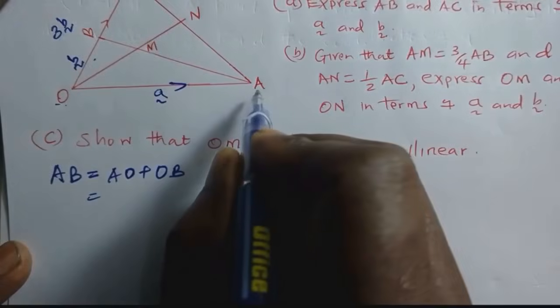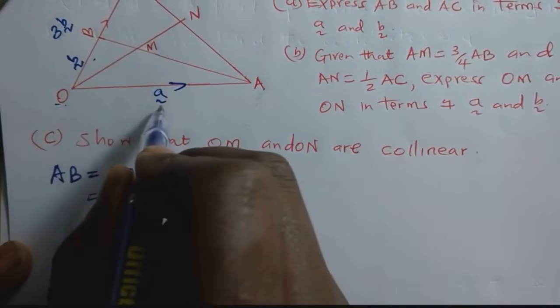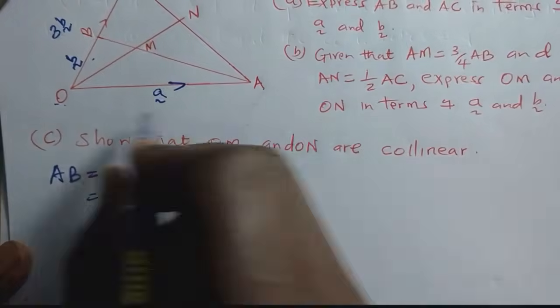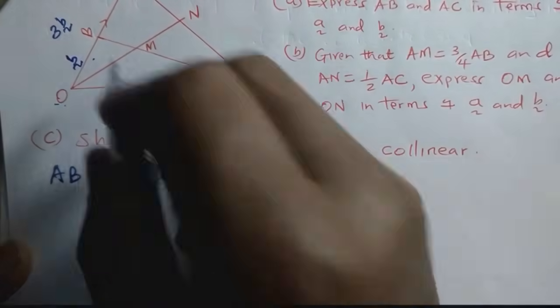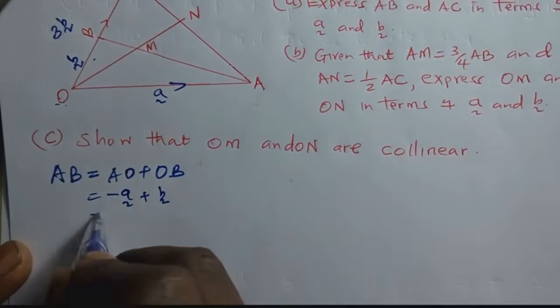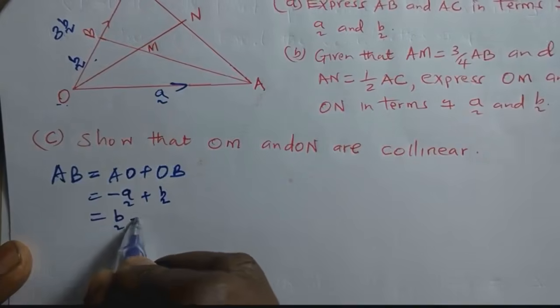Whenever you are coming from OA, the vector becomes negative. So AO is negative A plus OB. OB is B. This is the same as you start with a positive, B minus A.